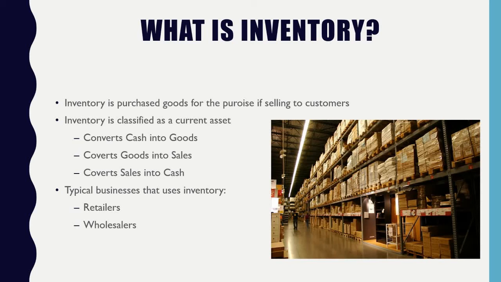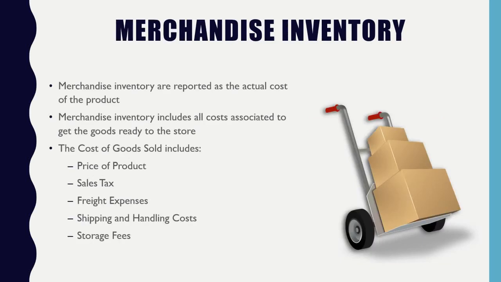However, our main focus is going to be merchandising inventory, so we're focused on us being either the retailer or the wholesaler. Merchandising inventory is pretty straightforward: it's reported at the actual cost of a product.